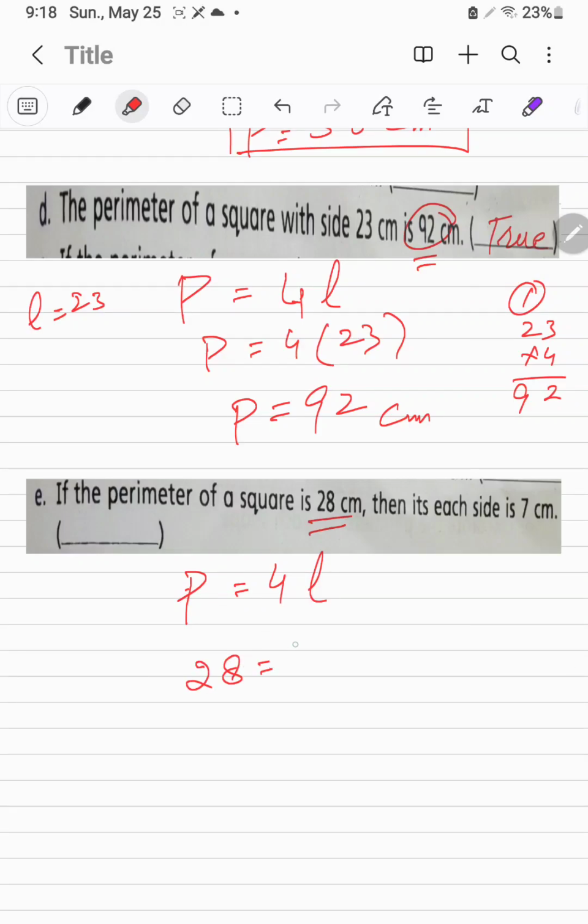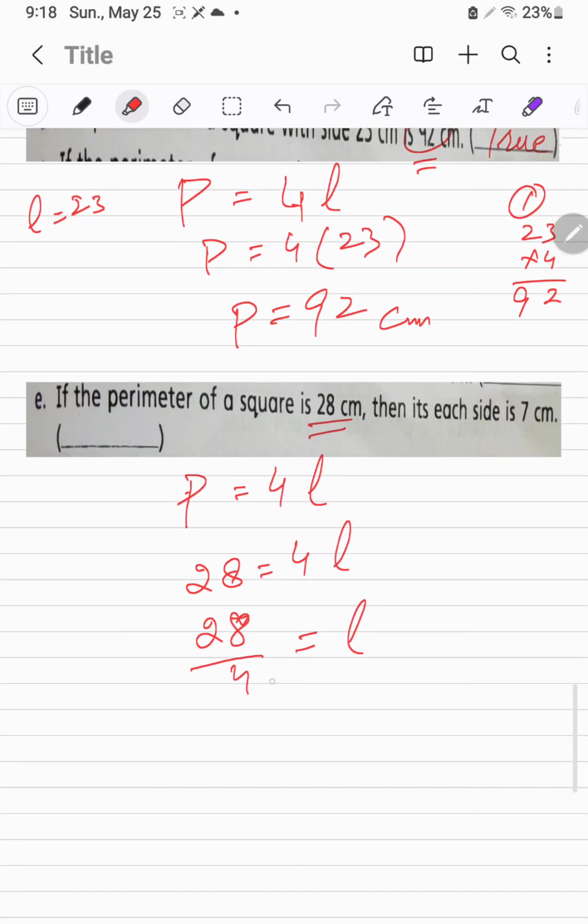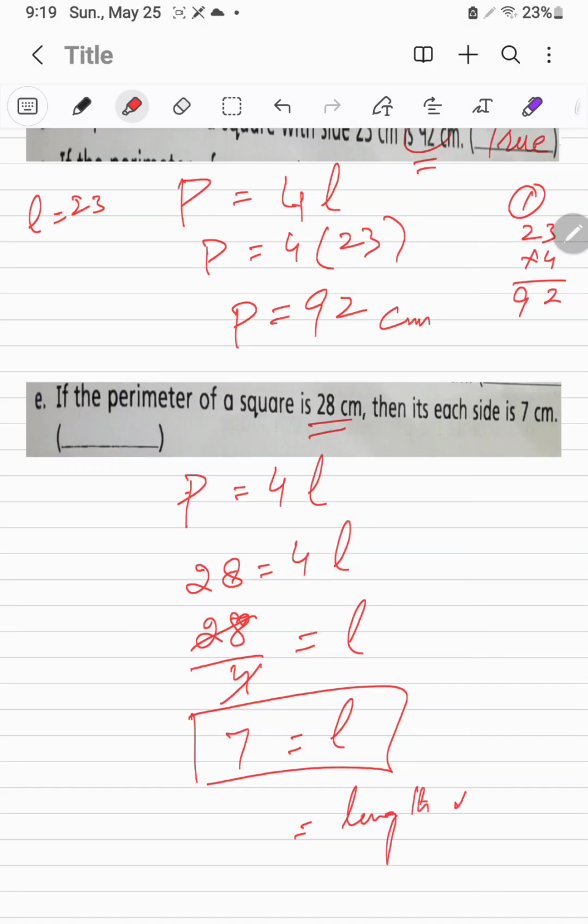We will put here 28 as the perimeter of the square, equal to 4L. 28 over 4 is equal to L. This will be 7, 4 times 7 is 28. This is the length of each side. Each side is 7. It is given 7, that is true.